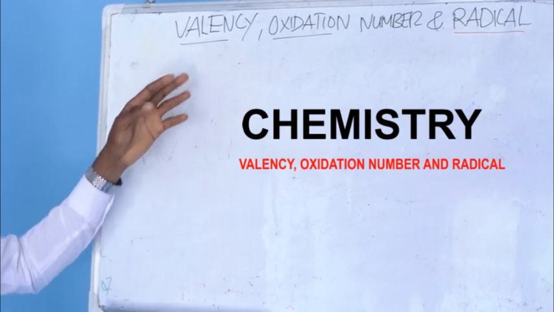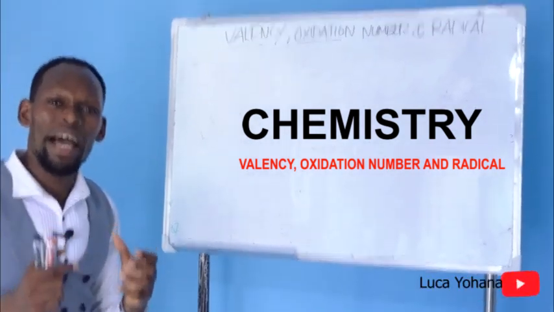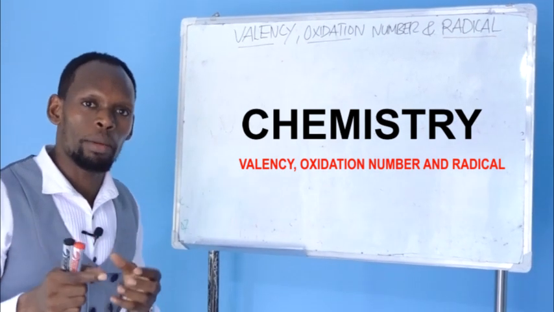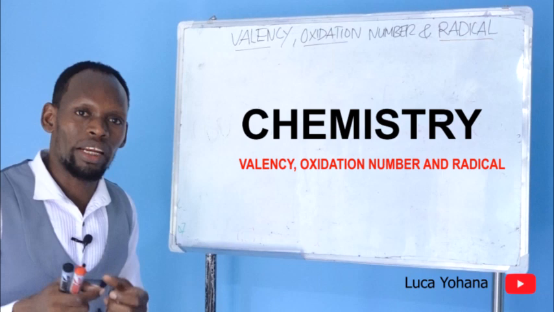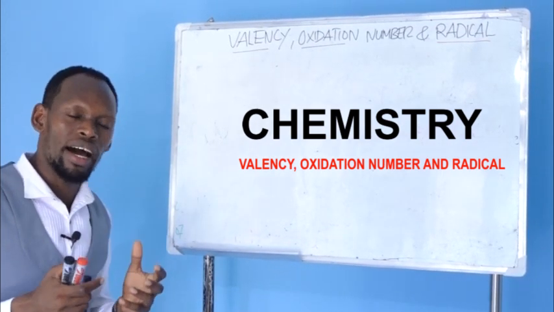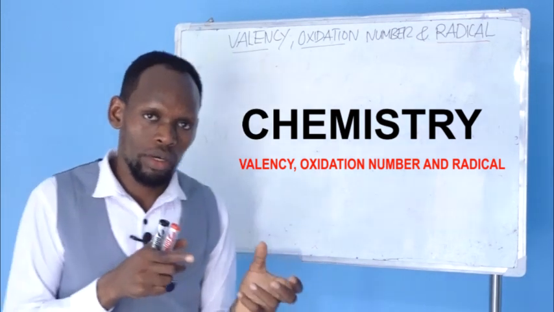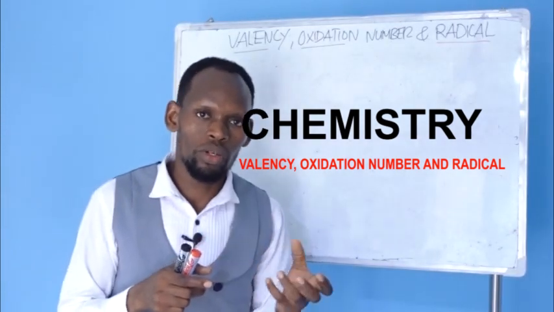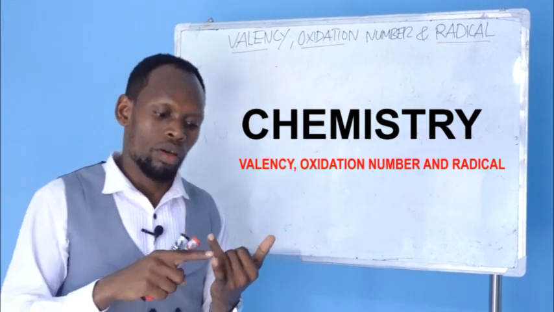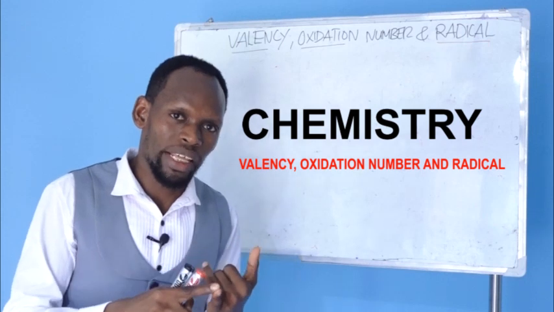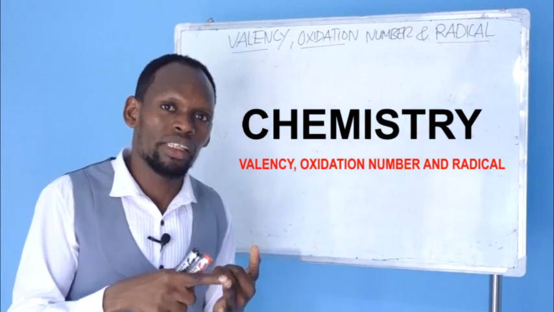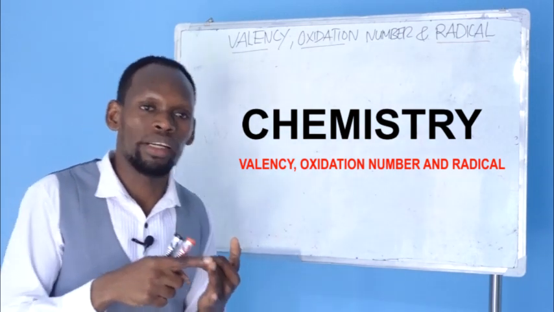Valence is the combining capacity of an element, or the combining ability of an element. In another language, you can say valence refers to the number of electrons which are needed to be shared in chemical bond formation, or needed to be transferred from one element to another.